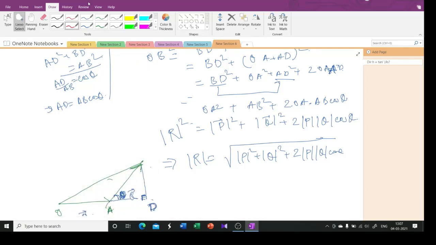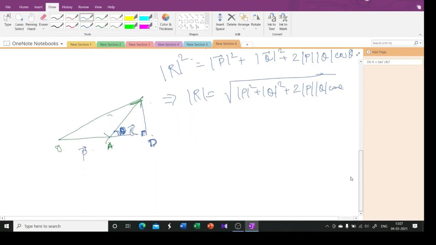So this was B. We need to find the angle at which this resultant is inclined to one of the vectors, let's say OA. Let this angle be alpha.